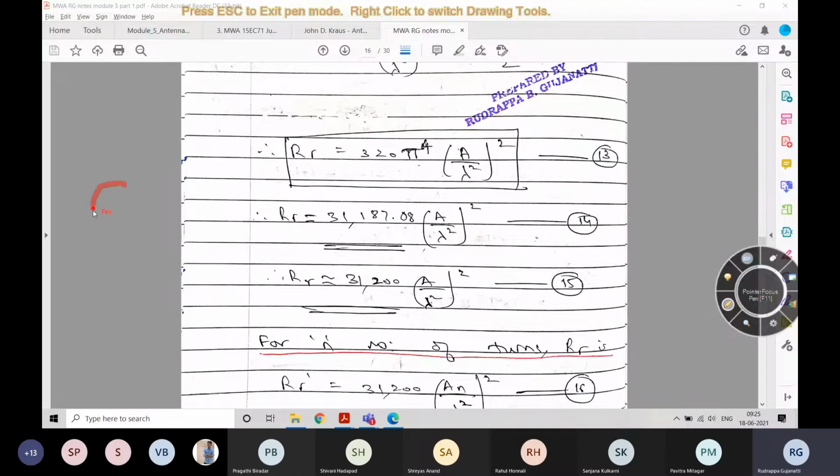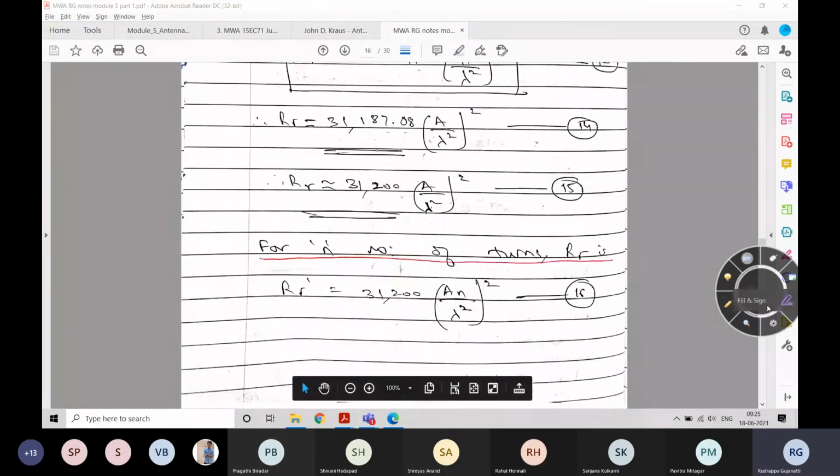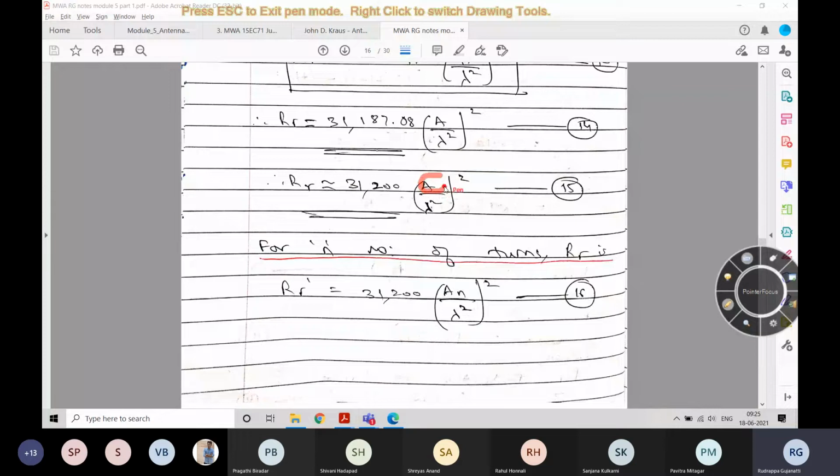If I have a loop antenna having several turns, say n number of turns, then the total area we are considering will be equal to the number of turns into the area of one loop.